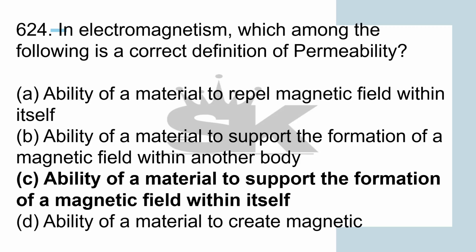In electromagnetism, permeability is a measure of ability of a material to support the formation of magnetic field within itself, otherwise known as distributed inductance in transmission line theory. Hence it is the degree of magnetization that a material obtains in response to an applied magnetic field.